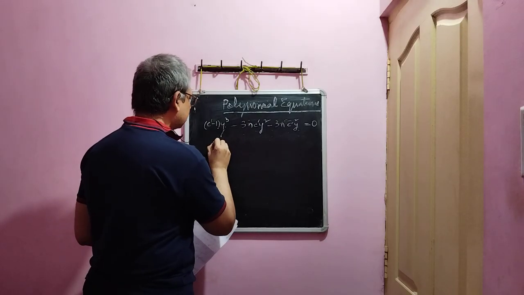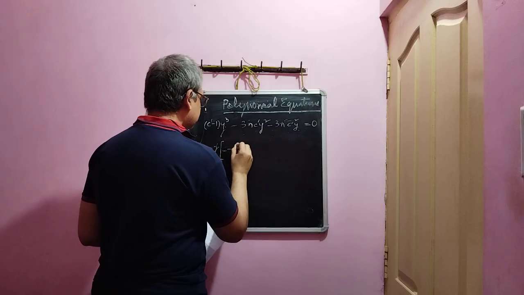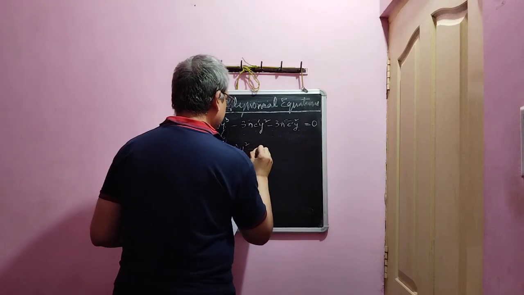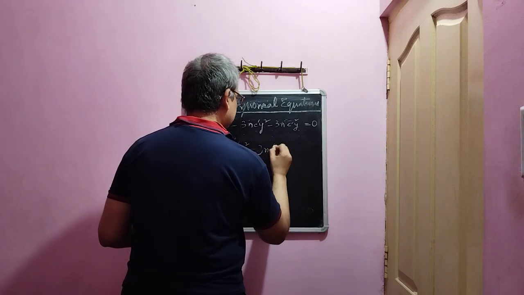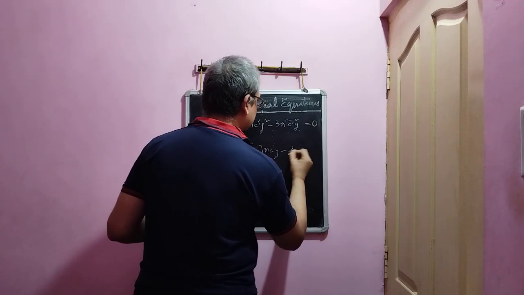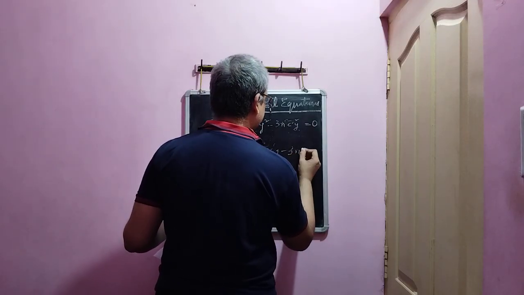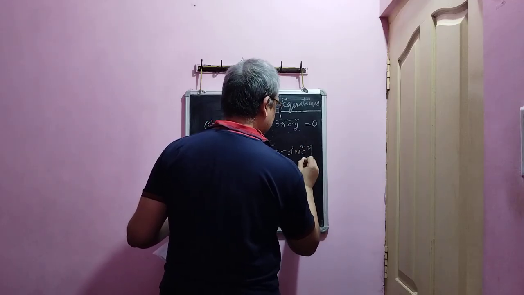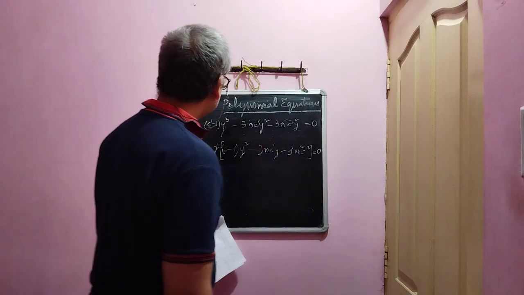You can take out y here as a factor, and so you will be left with c dash minus 1 times y square minus 3n c dash y minus 3n square c dash square equal to 0.